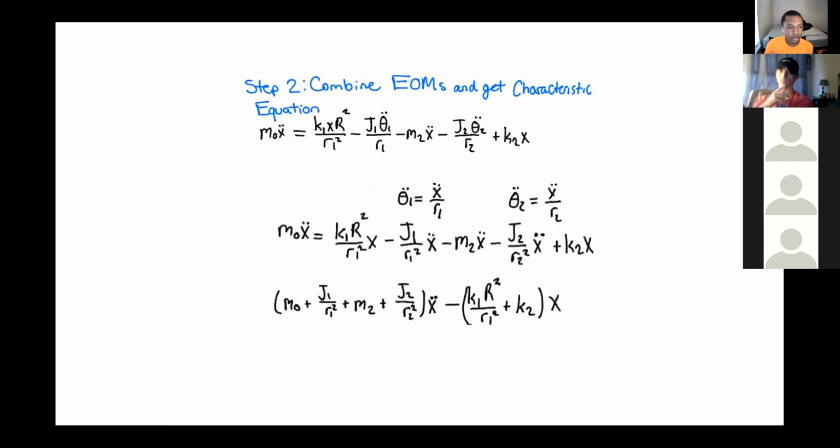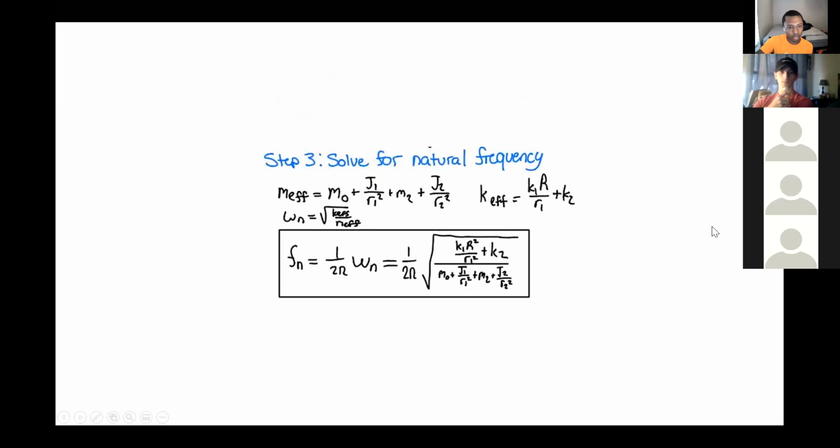And we can further simplify it down using our equations for theta double dot 1 and theta double dot 2. And we bring it down here. And that's our final. You have your natural frequency equals K effective divided by mass effective. And you can solve it this way.